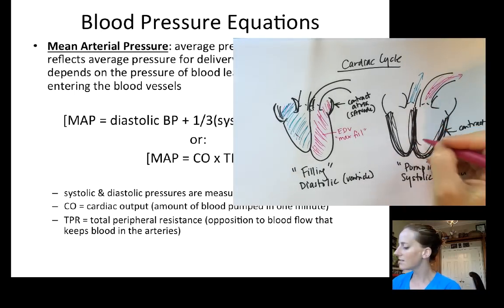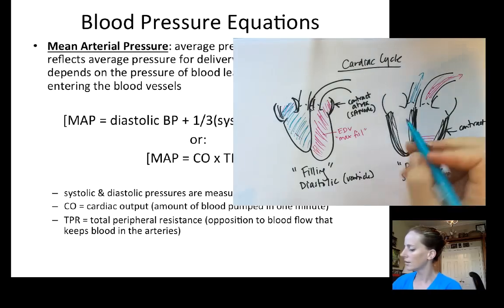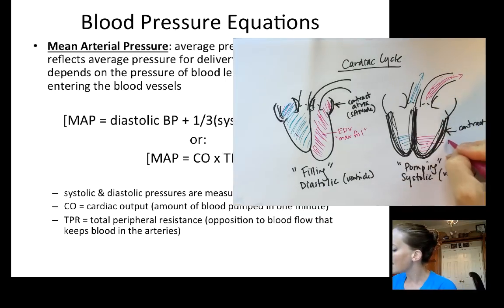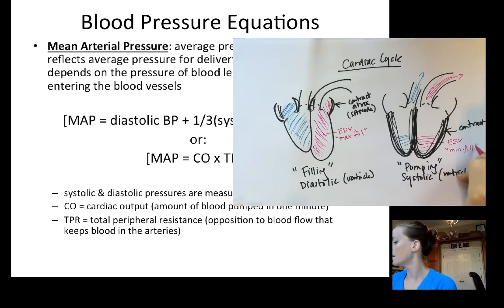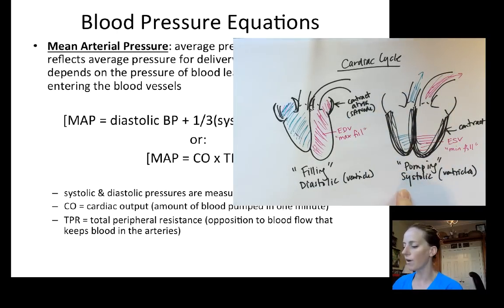At the very end of that contraction, you'll have a little bit of blood left in the ventricles, and that blood that is left is the end systolic volume, or the minimum fill of the ventricles.